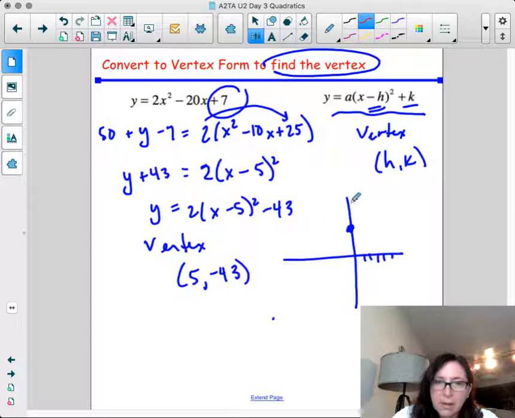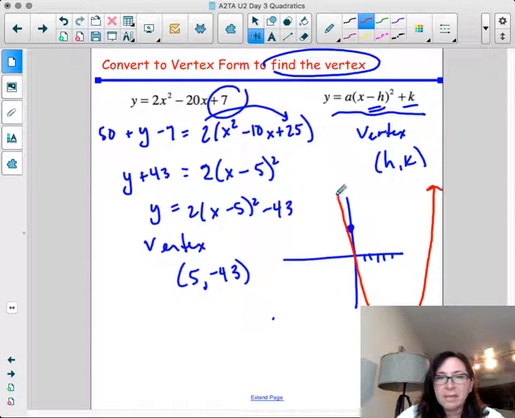Come down this way, come up this way. It goes through here at positive 7, and this is my vertex, which is (5, negative 43), negative 43 being way down here.